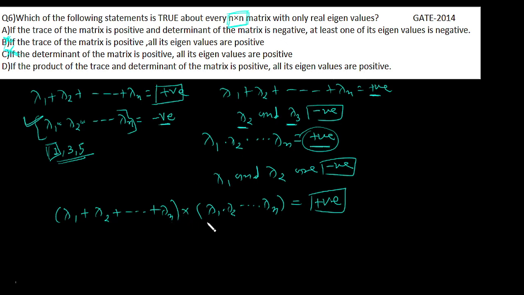Again this is not always the case. Suppose lambda 1 and lambda 2 are negative, so after multiplication we get a positive number.